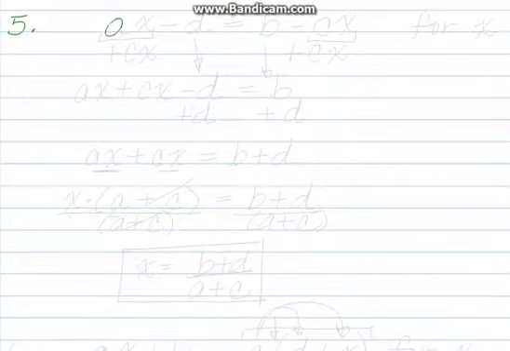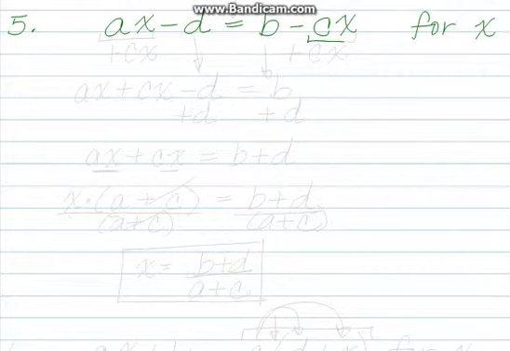Let's consider this equation. We have AX minus D is equal to B minus C times X. And we want to try and solve this for X. When we look at this, we have an X term here and an X term here. They're on opposite sides of our equation. So before we would try and factor it out. Now it doesn't make sense to do it here.